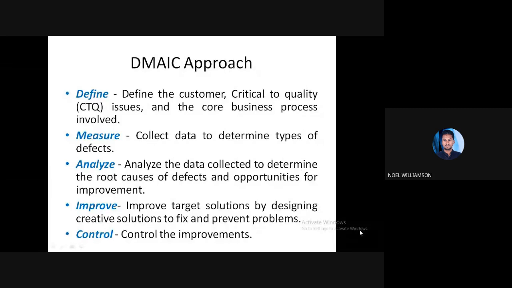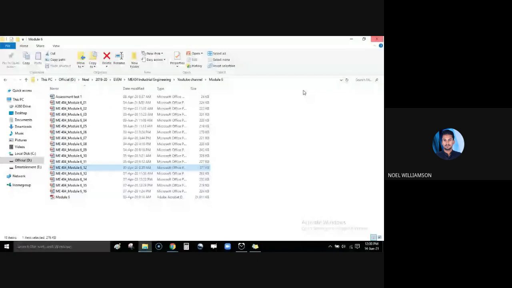It should go forward and the reversing should not happen. So these are the DMAIC steps: define, measure, analyze, improve, and control. Okay. So that is about the DMAIC approach, and the next concept we will discuss in the next class.